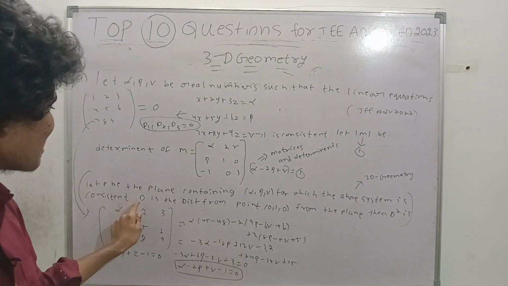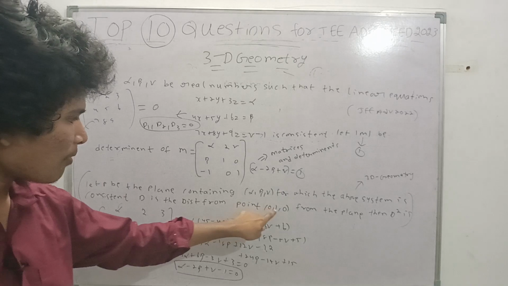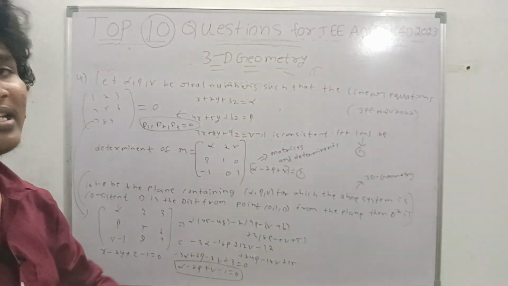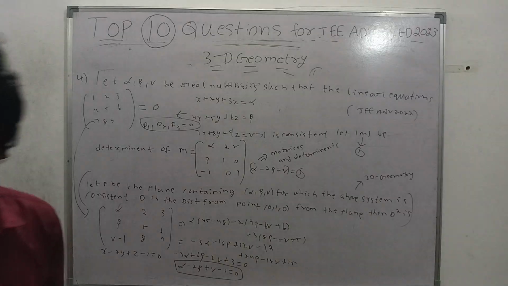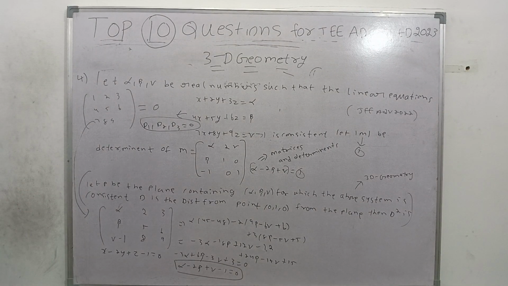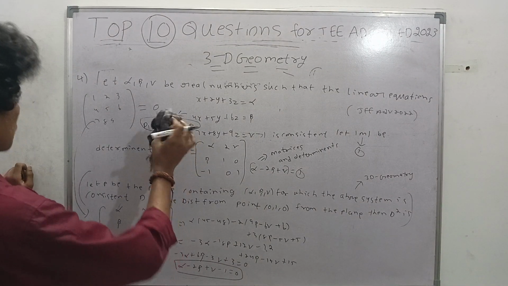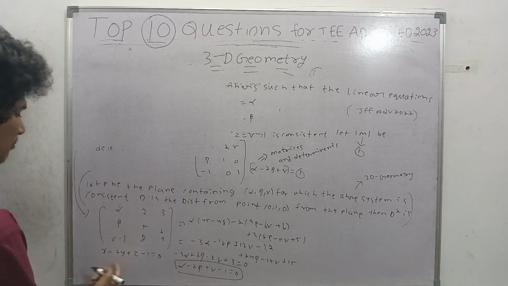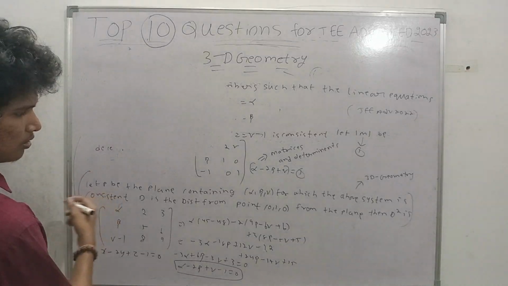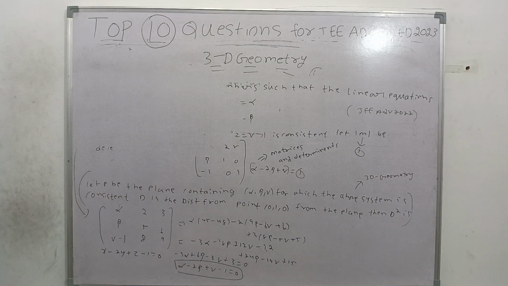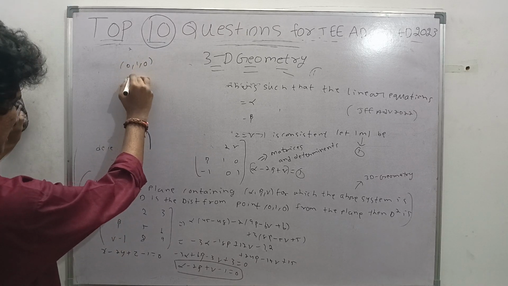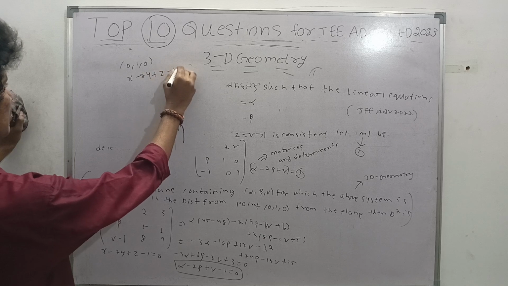And now they are saying d is the distance of the point 0, 1, 0 from the plane. Whenever the question says distance from the plane, it will be the perpendicular distance. So now our work is to calculate the perpendicular distance. The point given is 0, 1, 0, and the plane is x minus 2y plus z minus 1 equal to 0.